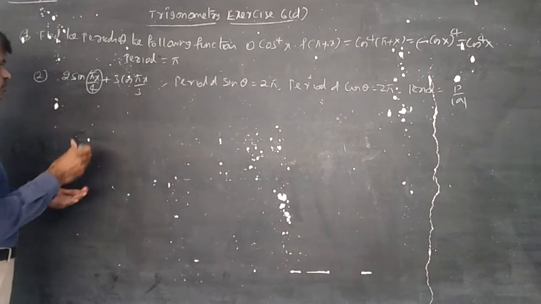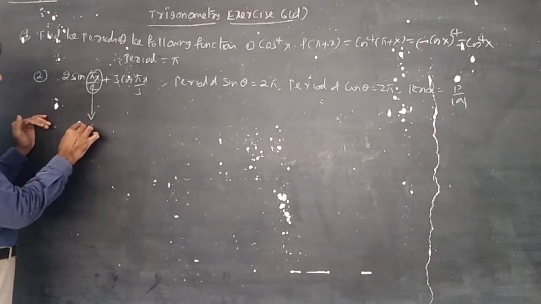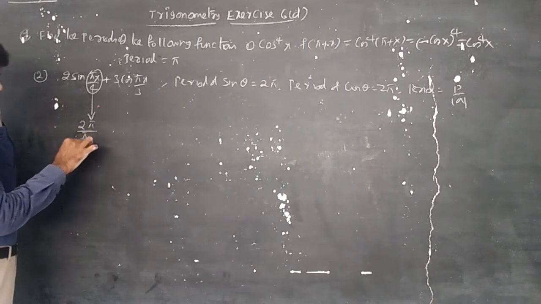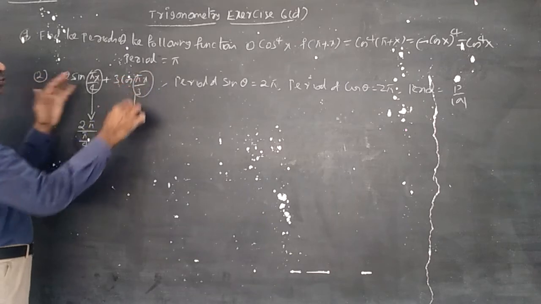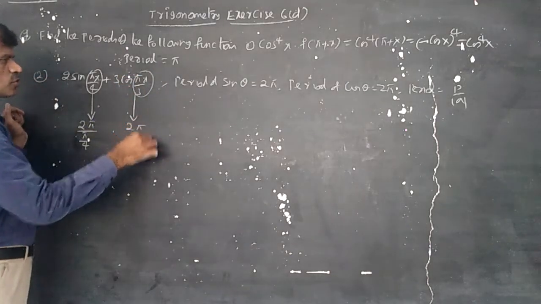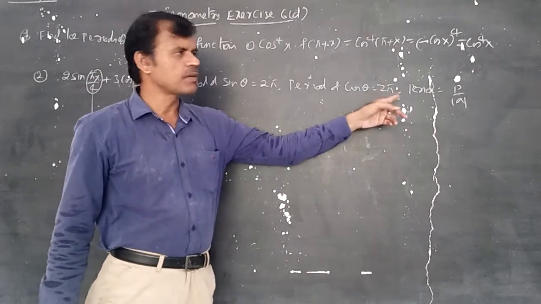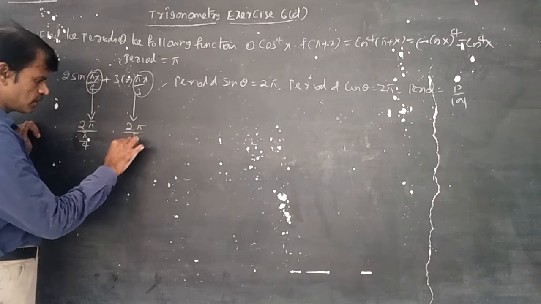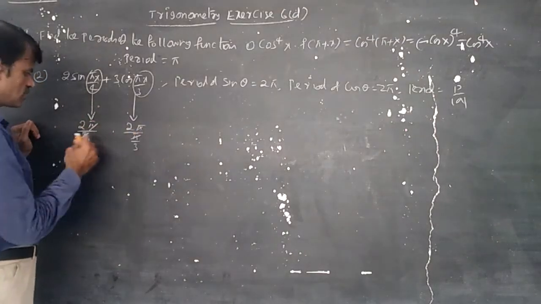So by the p by a concept, 2 pi by 4 here you should write, and similarly for the x coefficient pi by 3, 2 pi by pi by 3. So pi gets cancelled here and here.